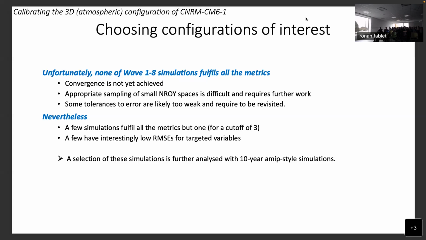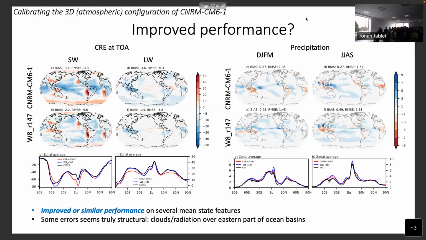So for this identified set of parameters, I'm doing 10-year AMIP-style simulations, so rather the true simulation we usually use. So here you have an example of the improvement or similar behavior compared to the model. It's a bit improved for the cloud radiative effect, if you look at the RMSE, for instance.